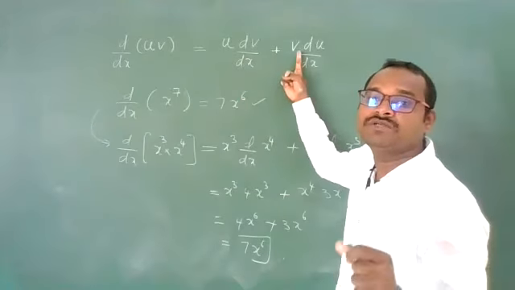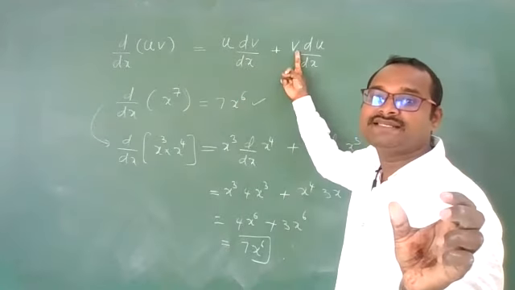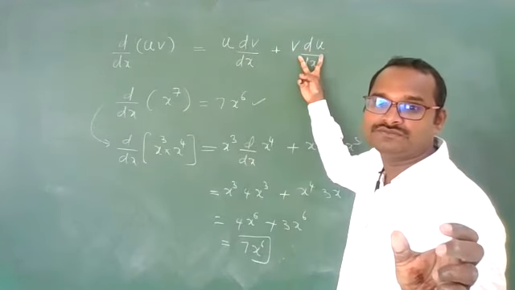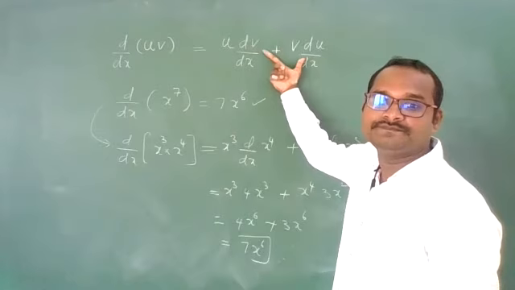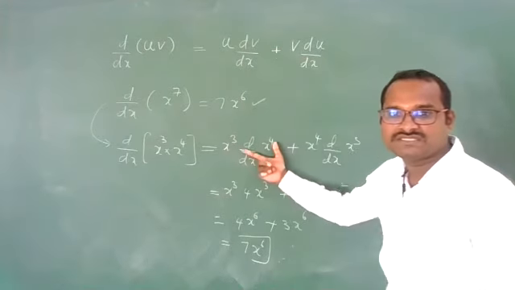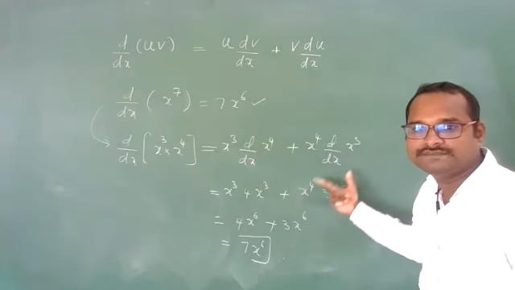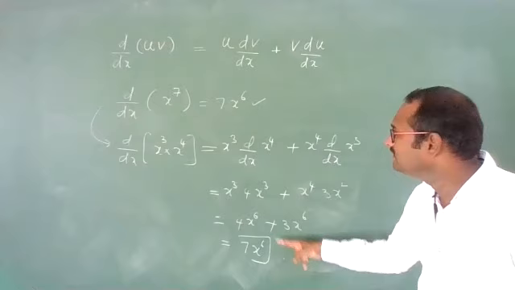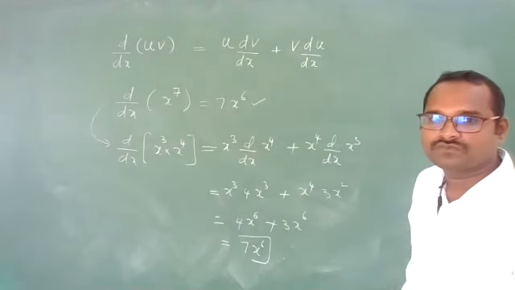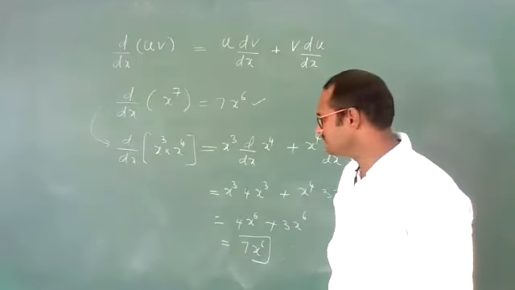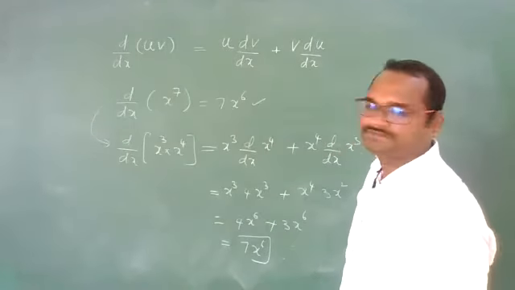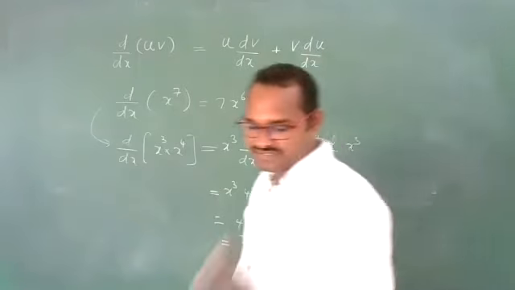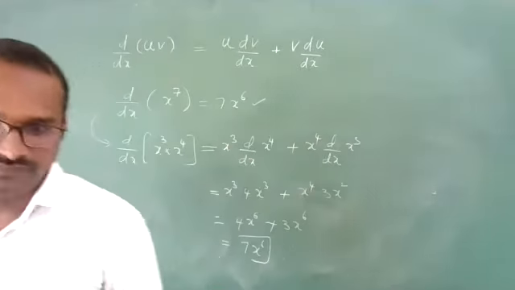Then consider the second variable as constant and take the differentiation of the first variable. Then add both of them. Yes, exactly what I have done here. You will get the same answer. Okay, students? You must remember this formula, very important.